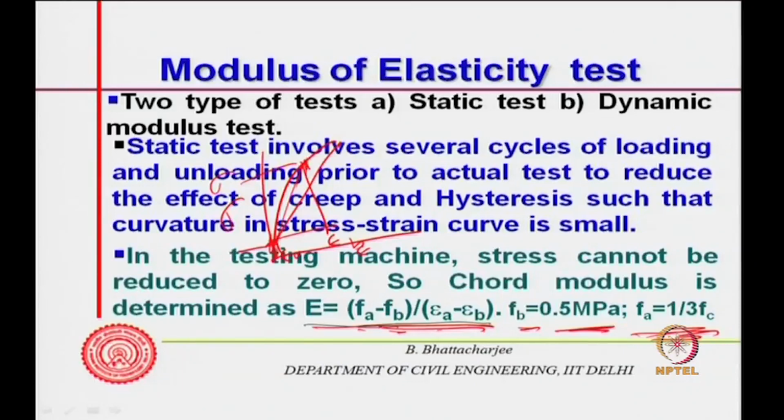So, you find out a Chord's modulus according to this, or so the code suggests how far you have to go to test. So, 1/3 Fc is the elastic limit, and often you might find it there itself. All right. So, this is how we determine the static modulus of elasticity.